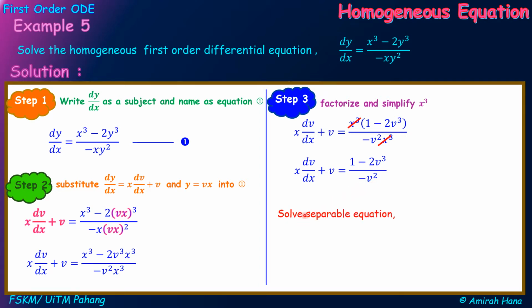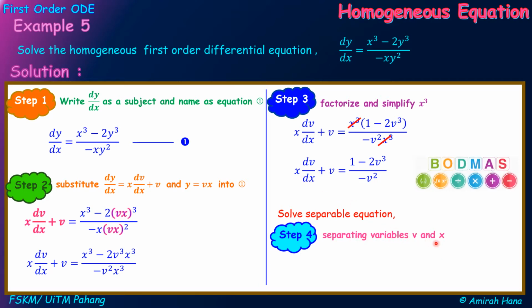After that, we can solve the separable equation. We continue with step 4. Separating variables v and x. We can refer to BODMAS.